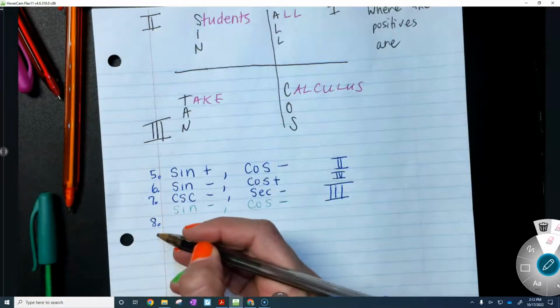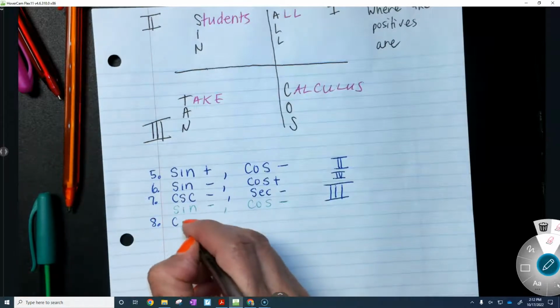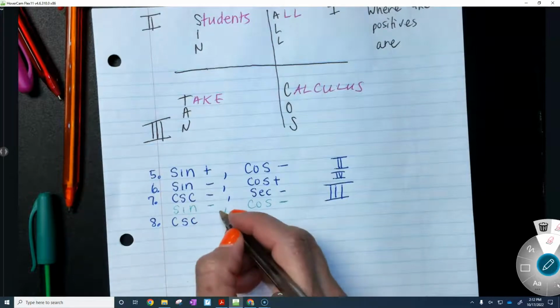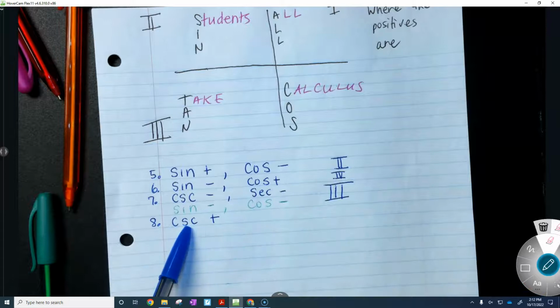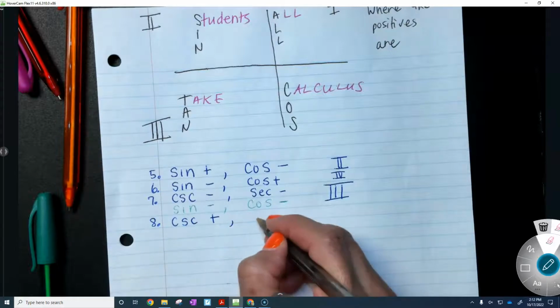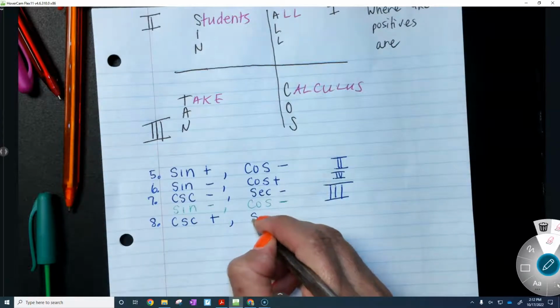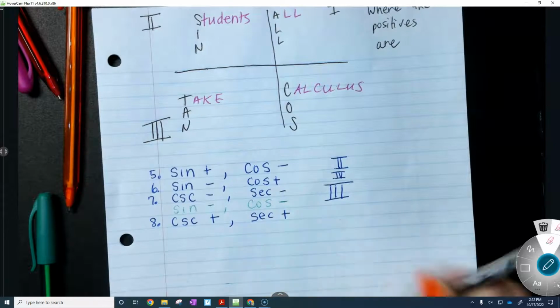Here's what problem 8 says. We're wanting cosecant. Hang on, guys. We want cosecant to be positive. I'm going to figure out what the main one of that is in a minute. And at the same time, we want secant to be positive.